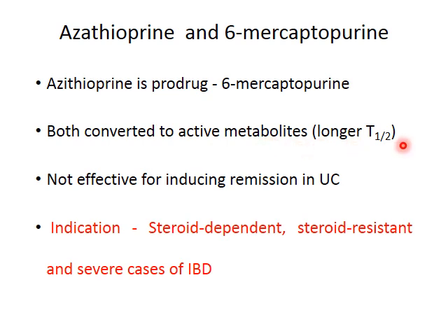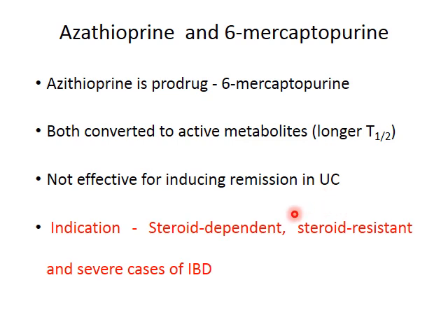That conversion from inactive to active metabolite takes time. As a result, the therapeutic effect of azathioprine is delayed by about 6 weeks. So for immediate recovery or to start a remission, it is not effective for induction of remission in ulcerative colitis. So they are indicated for maintenance therapy.